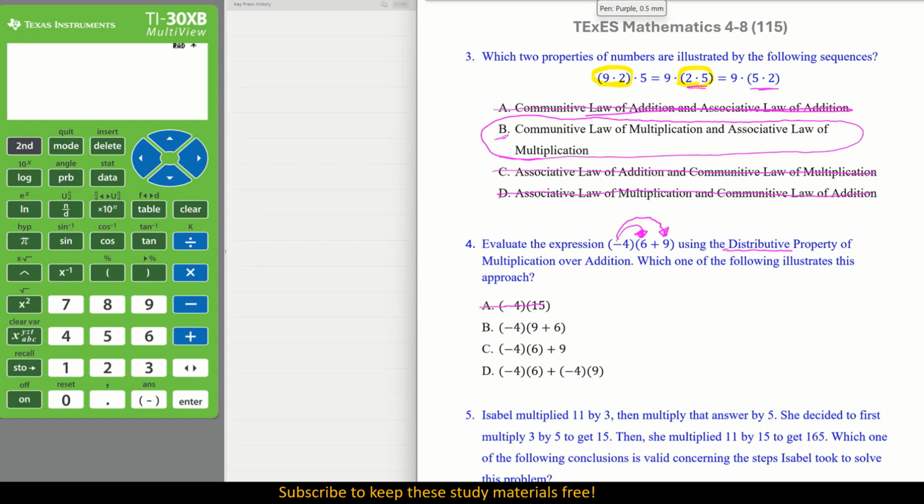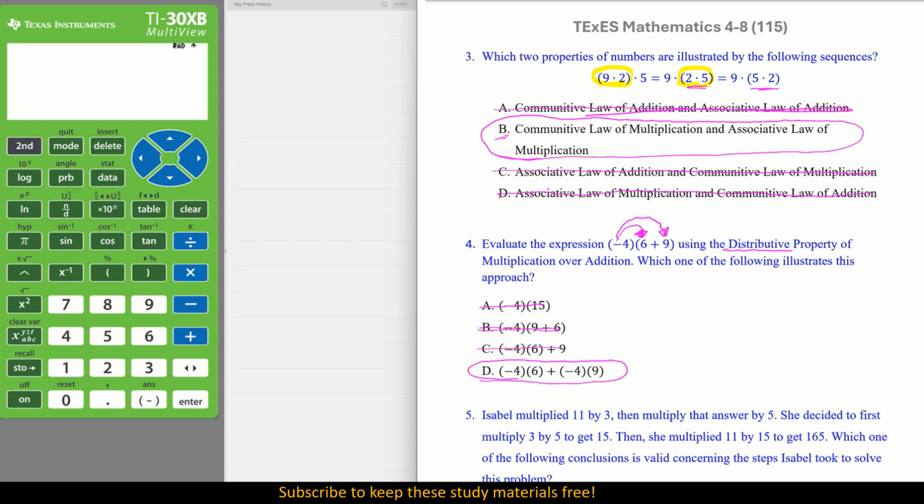That's the commutative property of addition. So B won't work. Let's look at C. Well, no, because they didn't multiply -4 times the 9. See that? They left 9 alone.